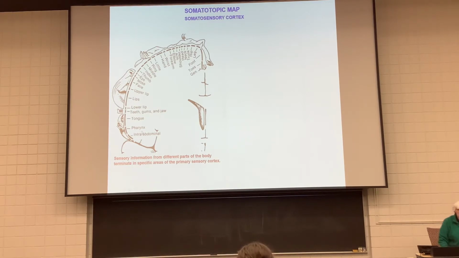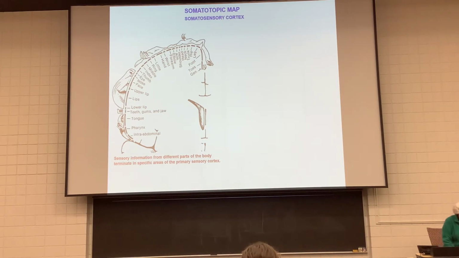So that's really precise. We know that different areas of the body can be localized to very specific regions of that gyrus. The other thing you should notice on here is that not all regions of the body have the same area of representation.